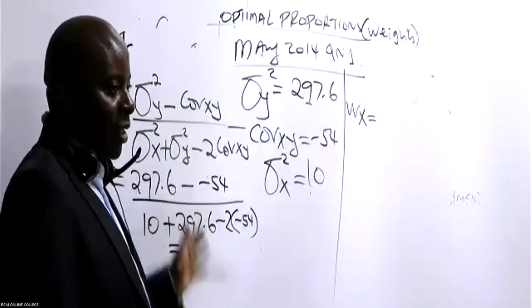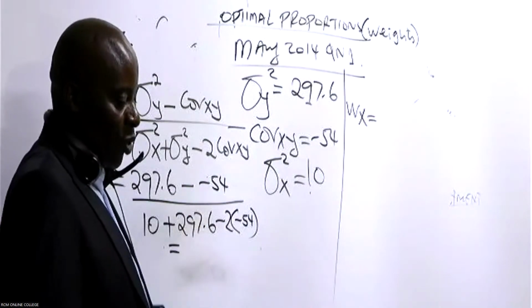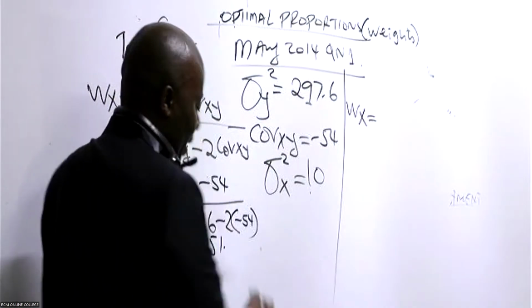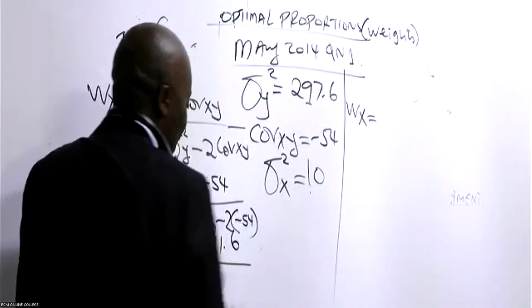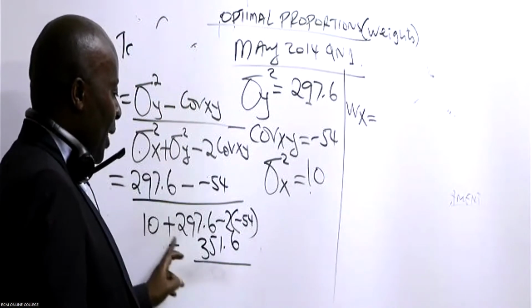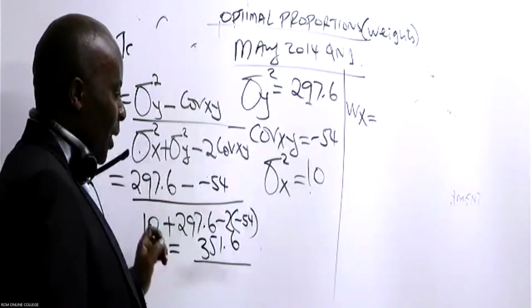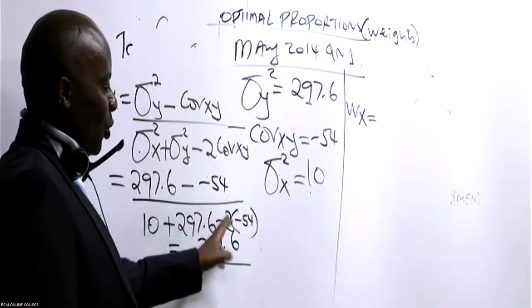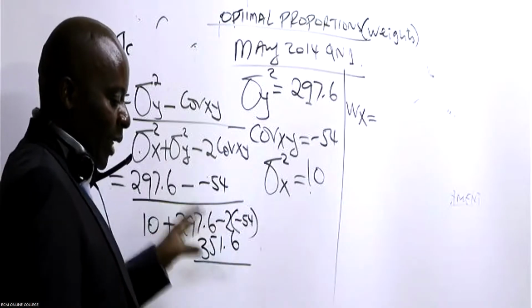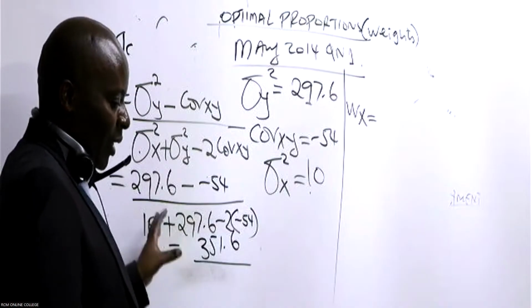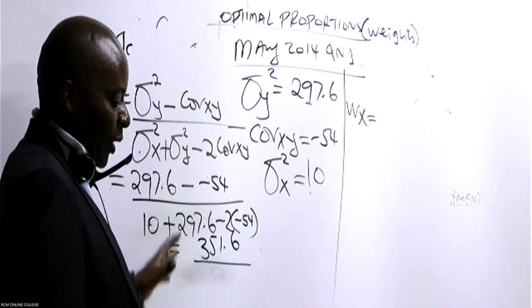So according to Archer, it is 351.6. Divided by, how about the denominator? The denominator will be 10 plus 297.6 minus 2 times, because brackets means times, open brackets, minus 54. You give me the denominator slowly.